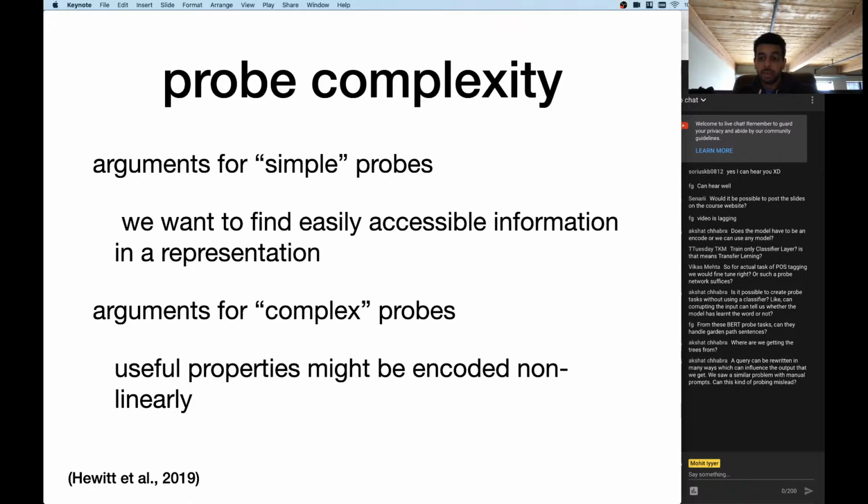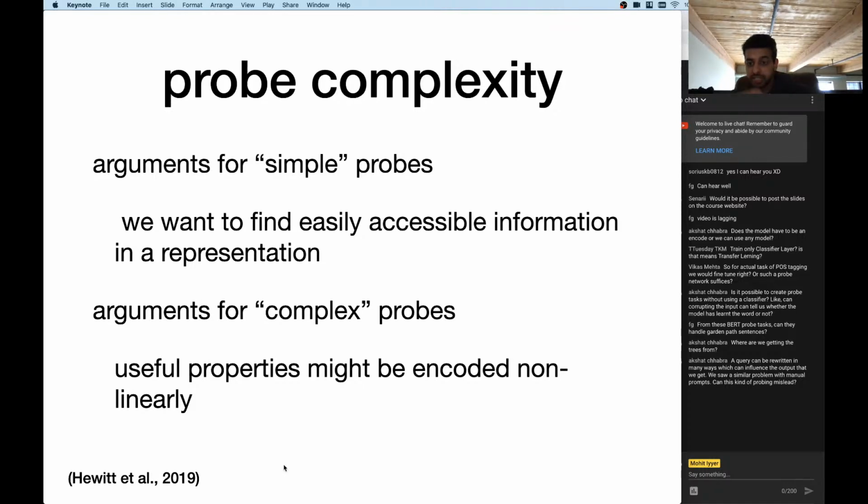However, we might also want to know whether a property is encoded at any level, however nonlinearly or complicated. We want to know whether it's there at all or not, regardless of how easy it is to access. So that's basically the question.